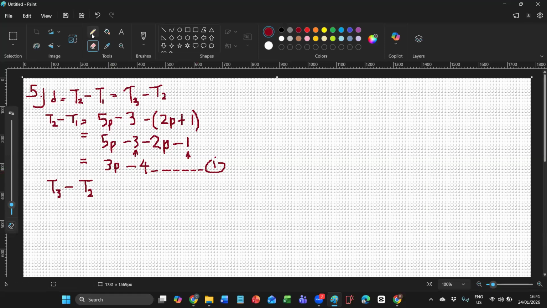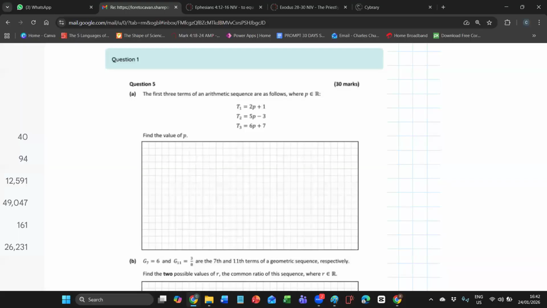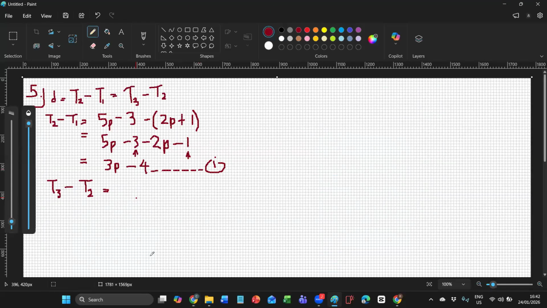So T3 minus T2, according to the question, will give us 6P plus 7, minus, open another bracket, T2, and our T2 was 5P minus 3. We can look above here.